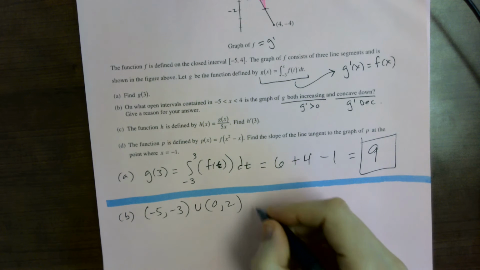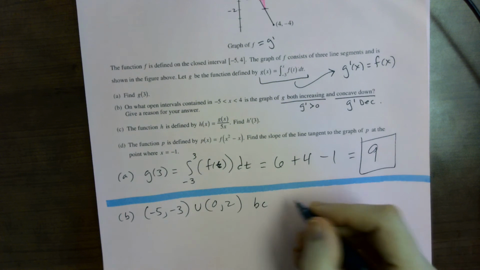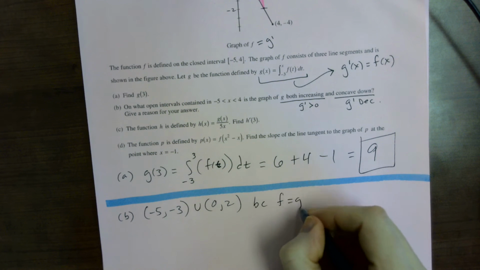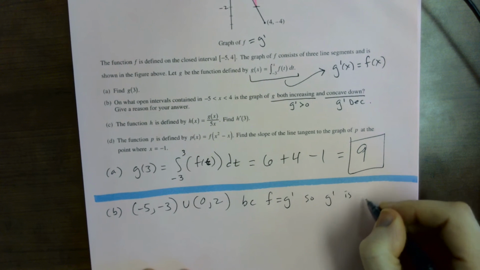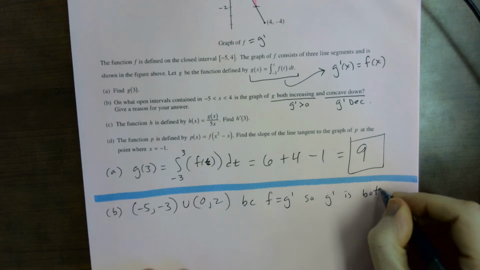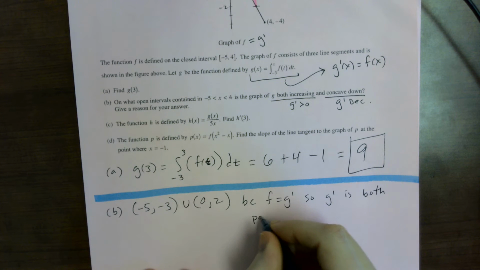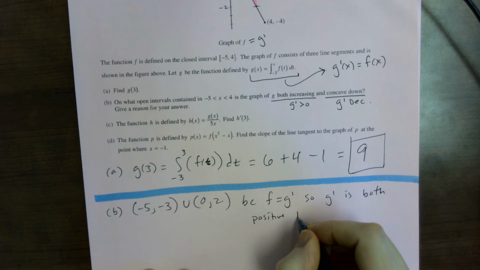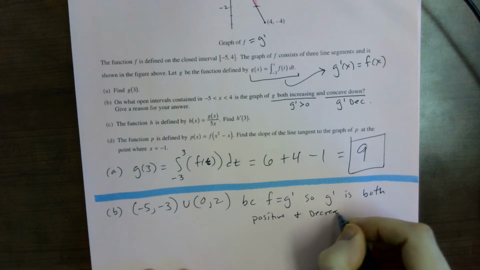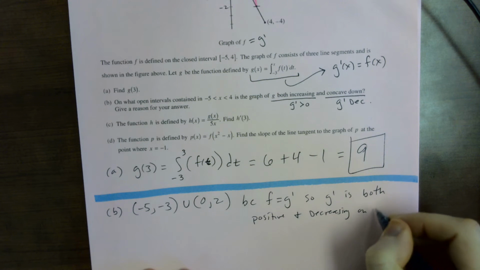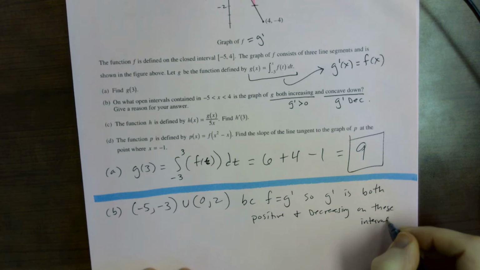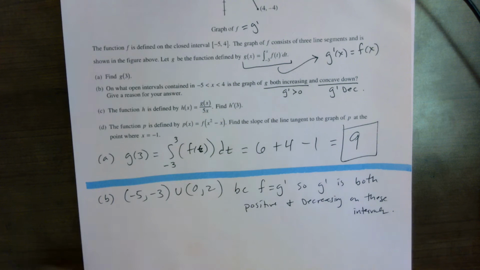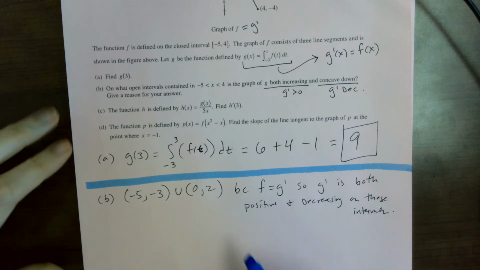So I'll be like this, and I'll say because F is equal to G prime, so G prime is both positive and decreasing on these intervals. Okay? Alrighty, now the next one.